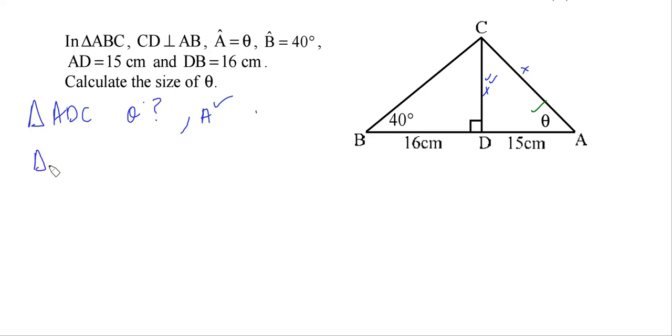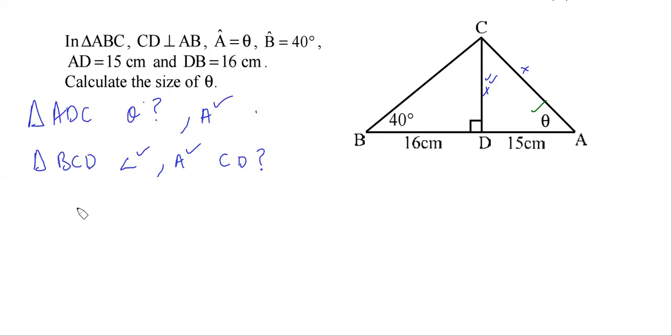If I look at triangle BCD, what is given to us is the angle, and the adjacent is also given. Now, what can we do to find CD?